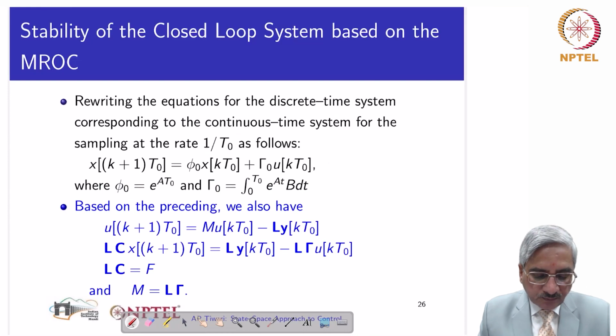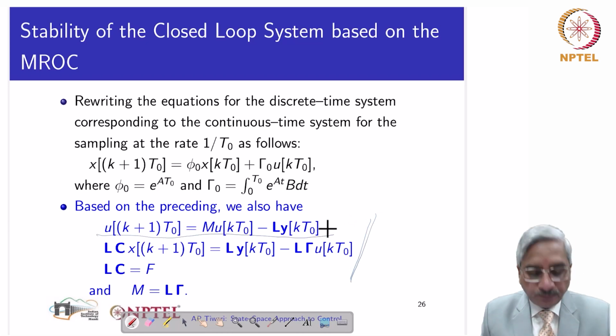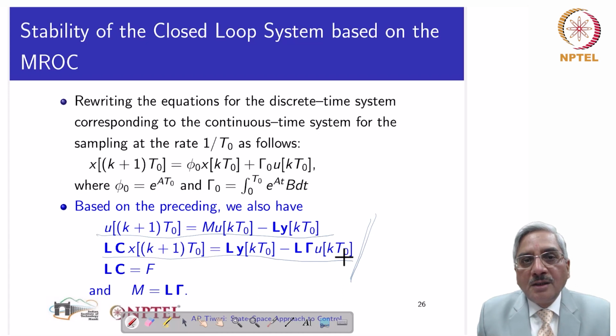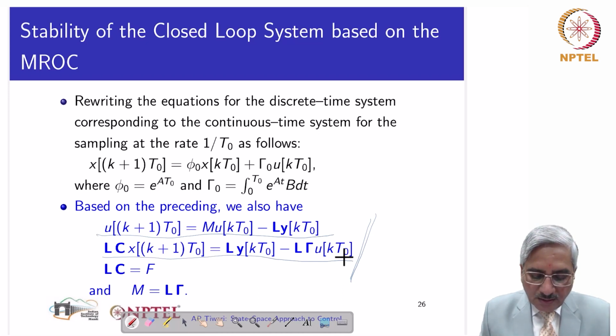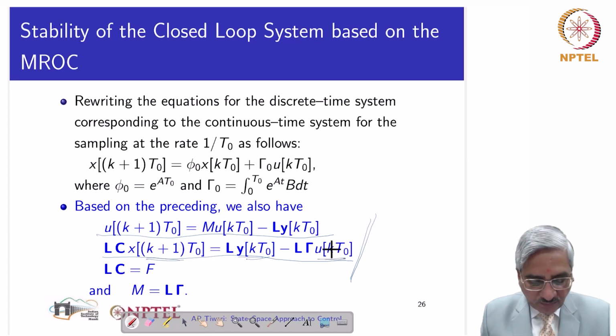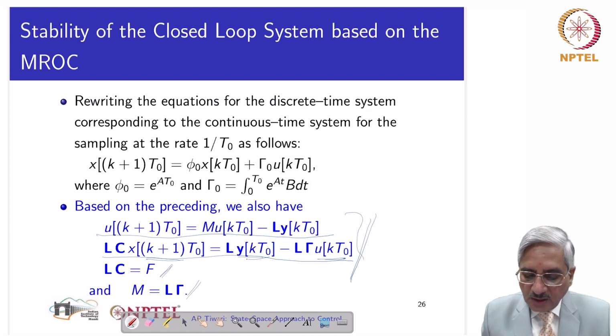We had these various equations. This is that control law, and this is the equation relating the system outputs to the system states and the inputs. And then in this we had these two relations. So these we are recalling from the preceding. They will be handy.